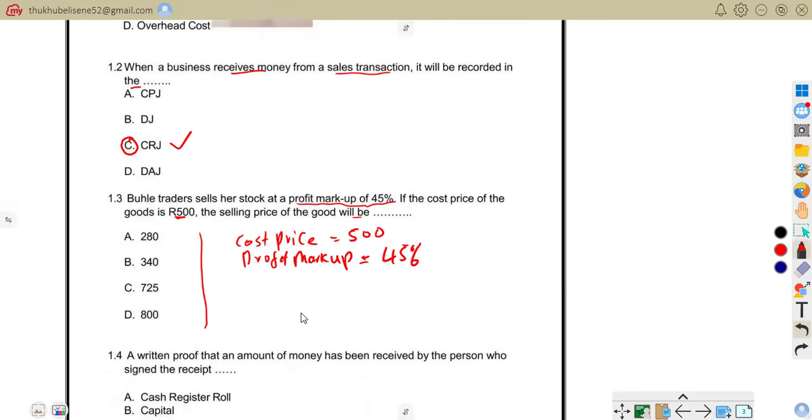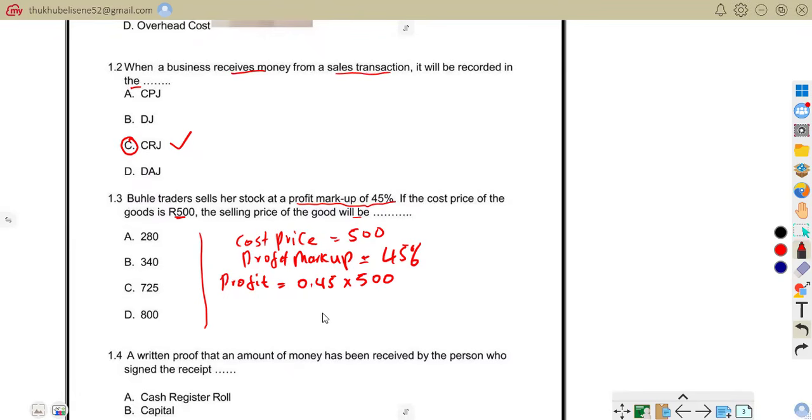To find the selling price, SP, we need to add the profit markup to the cost price. Meaning to say, profit is equal to 0.45, which is 45%, times 500.